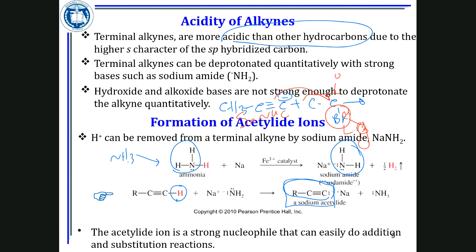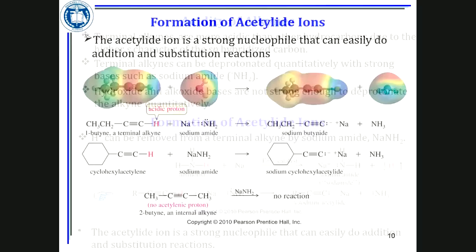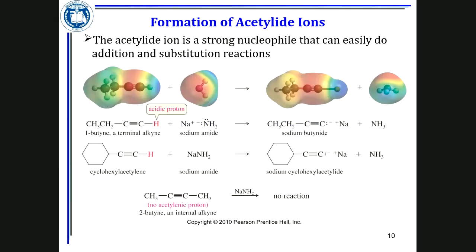For acetylene, you start with acetylene. But for any other alkyne, you can start with the alkyne with a smaller chain, mix it with amide to remove the hydrogen. You get the carbanion, or you get the acetylide ion, with the negative charge.